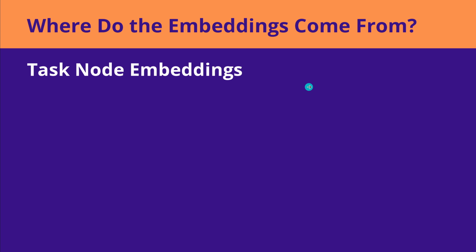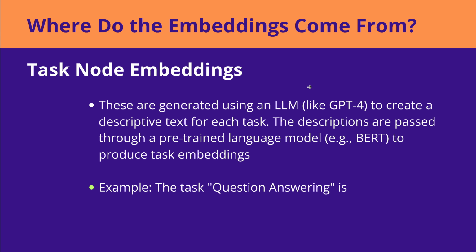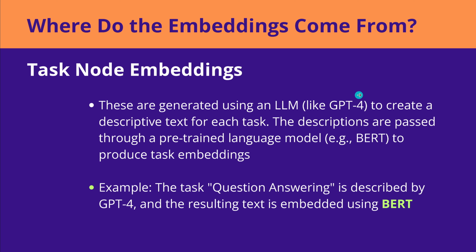Let's say the task node embeddings. Now, these are generated using an LLM, and let's say we have GPT-4 create a descriptive text for each specific task. GPT-4 can do this easily. And those descriptions are then passed through a pre-trained language model, but a very specific one, like BERT, a sentence transformer model, to produce task embeddings.